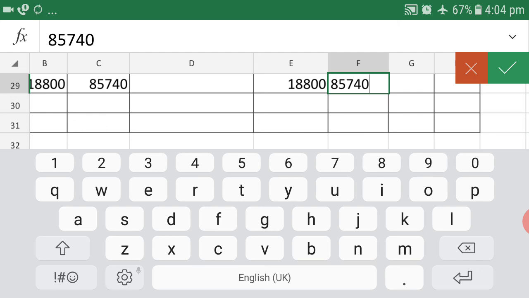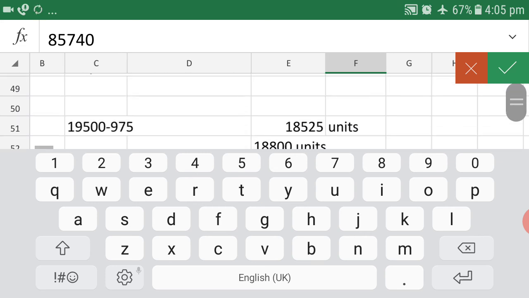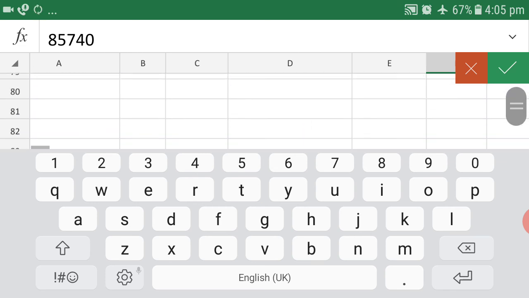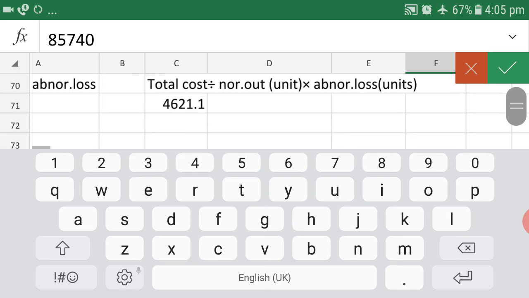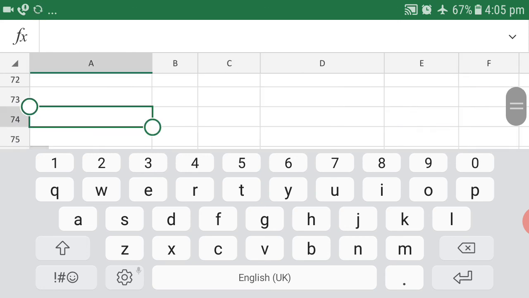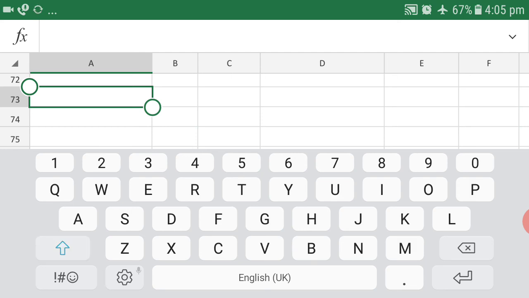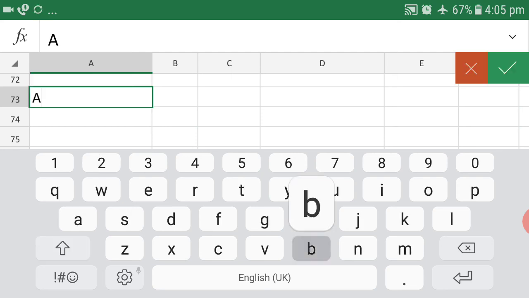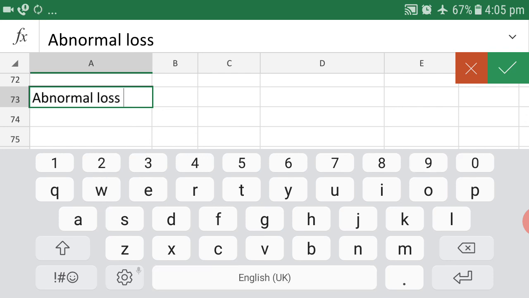So this problem is over, but we need to draw two more accounts, the abnormal loss account and the abnormal gain account. Yes, let's move to that. After the working note, we can draw the abnormal loss account and abnormal gain account. Let's write the heading abnormal loss account.